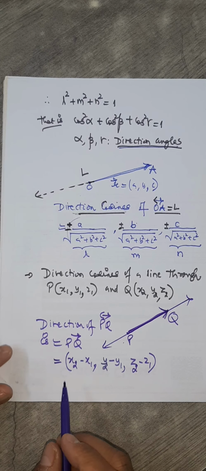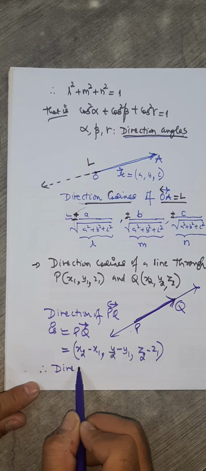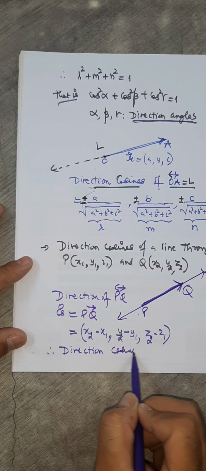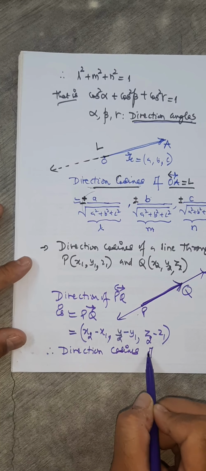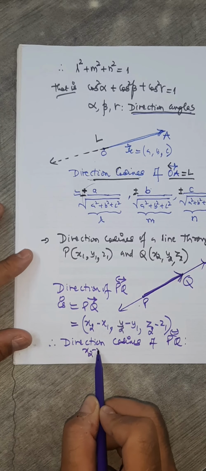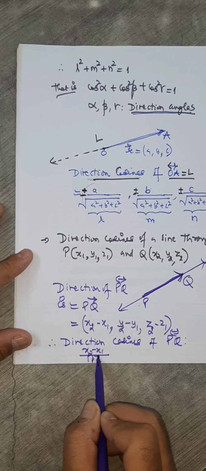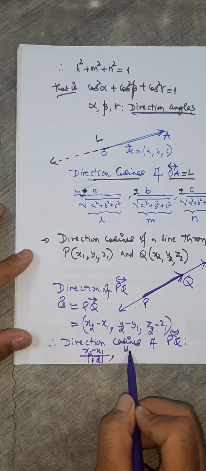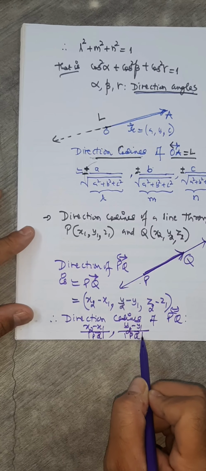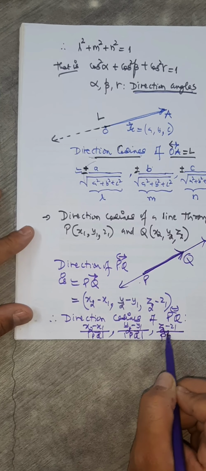So then you can write, therefore, direction cosines of this line PQ as x2 minus x1 upon the length of vector PQ, comma, y2 minus y1 upon the length of the vector PQ, comma, z2 minus z1 upon the length of the vector PQ.